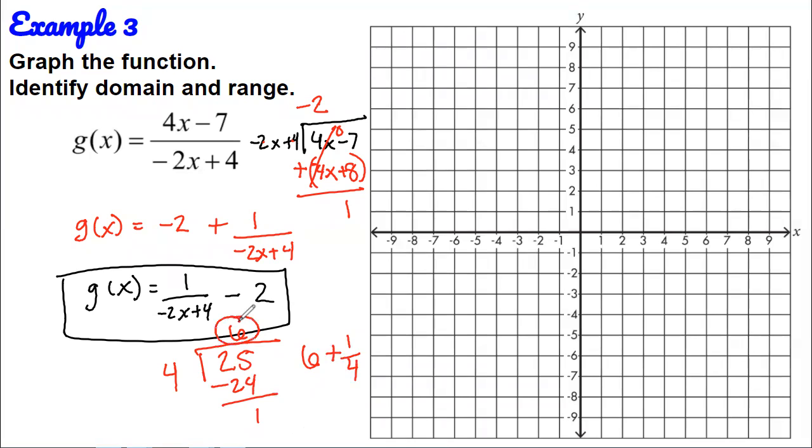That's why we write the whole number first: the remainder divided by the divisor. Does it make sense like that? So the whole number is on top, and then our remainder divided by our divisor.